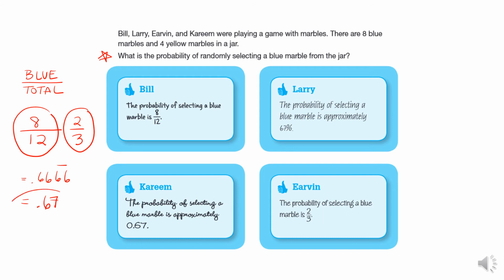There's Kareem's answer. And then finally, we can turn that into a percent, 67%, and that gives us Larry's answer. So we can see that everybody got it correct because they all did one form of the correct probability.